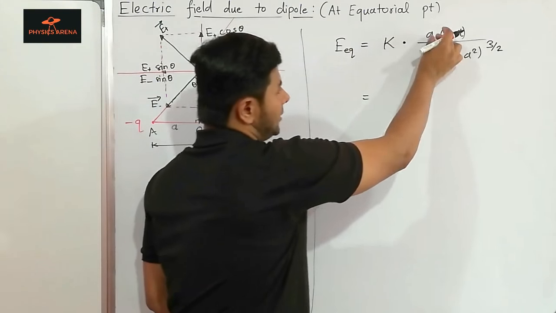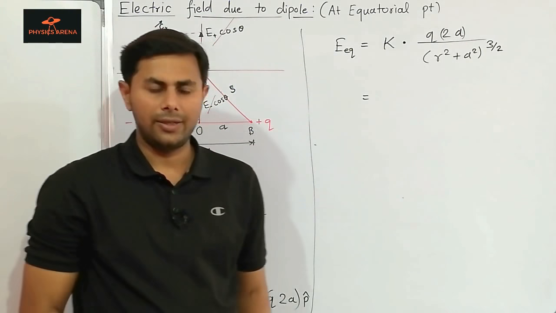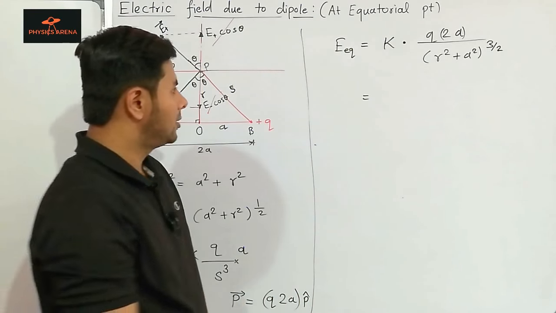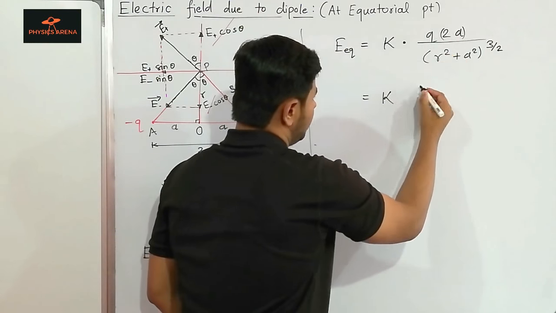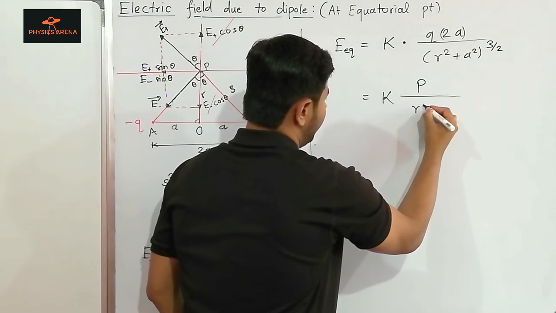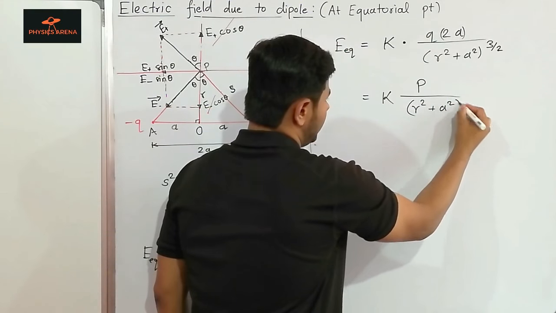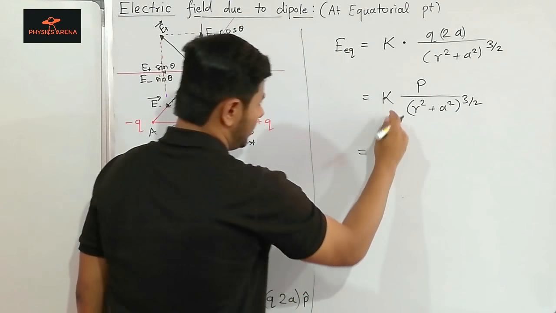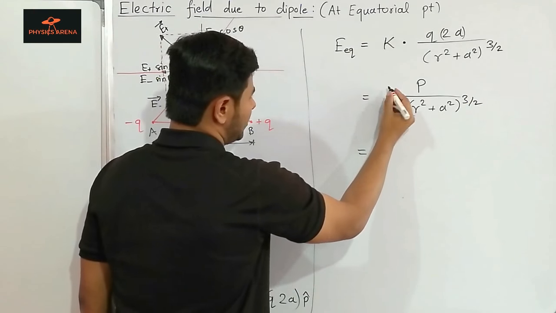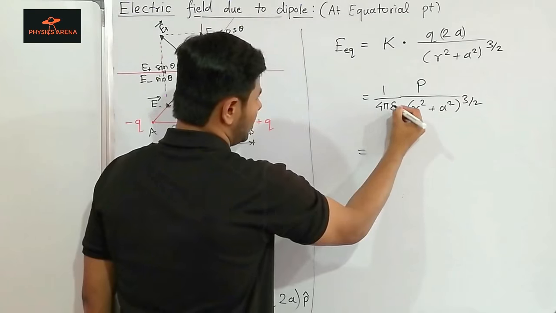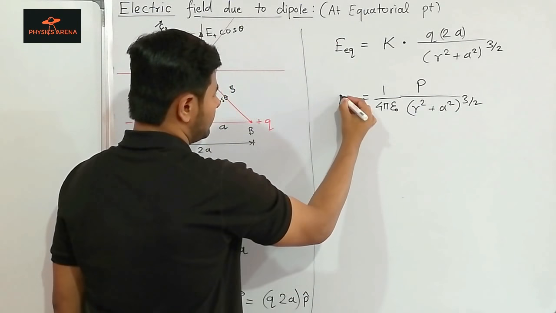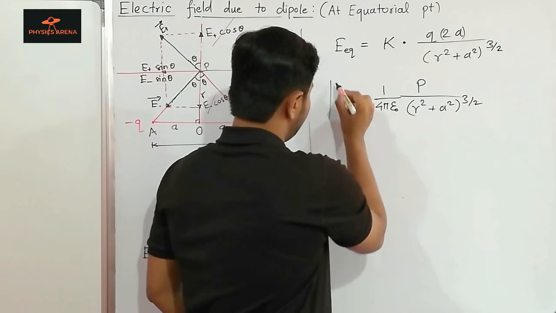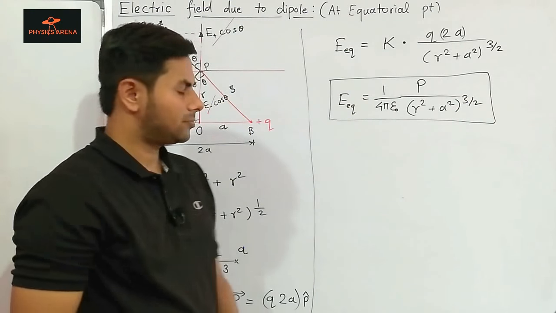We can write this term Q into 2A as P, the magnitude of electric dipole moment. So this is P divided by R squared plus A squared raised to 3 by 2. Or I can substitute the value of K also. So this is 1 over 4 pi epsilon naught into P divided by R squared plus A squared raised to 3 by 2.